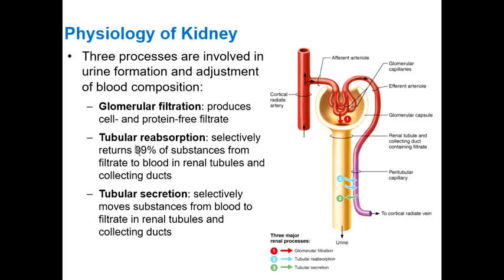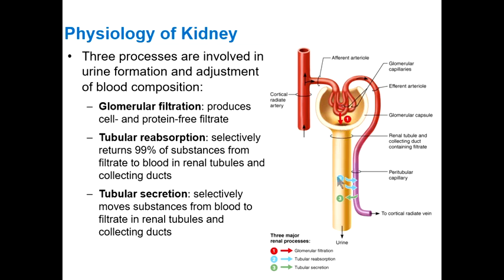Step number 2 is tubular reabsorption. That's where about 99% of step 1 filtrate gets put back into the blood where it came from. What we saw last video as the peritubular capillaries is where reabsorption takes place. Tubular reabsorption. So step 1, we make the filtrate, blood to tubule.